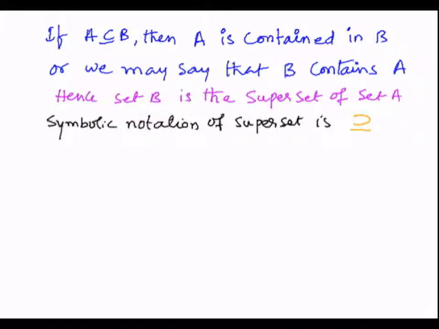Since set B is the superset of set A, we can write B as the superset of A. It can be read as B is the superset of set A. That means set B contains all the elements of set A. B contains A.